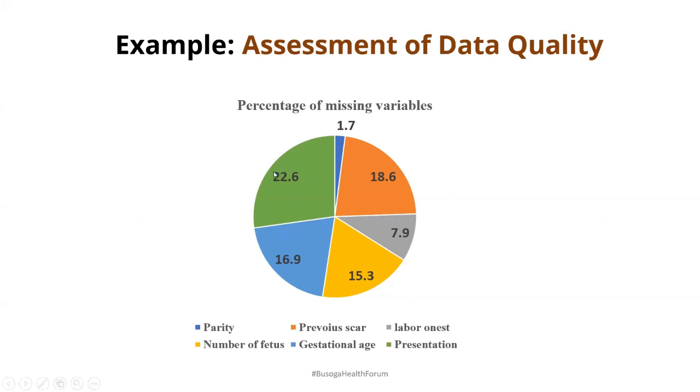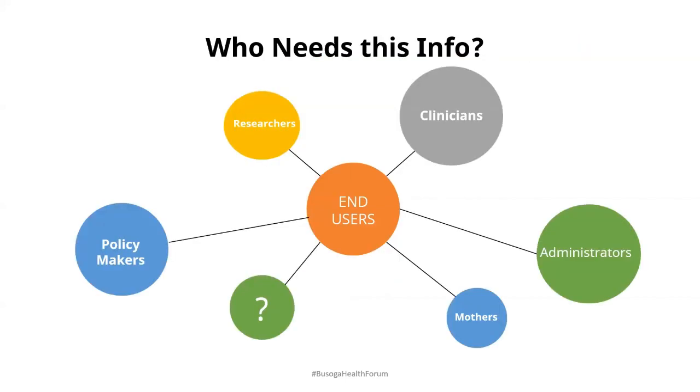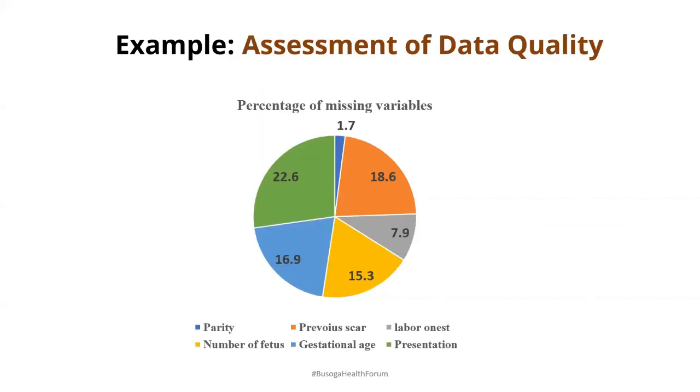And you can see from the pie chart that it was mostly presentation that was missing, at 22.6%. So appraise your data, assess the population you have, and again, assess the cesarean delivery rates in different groups.